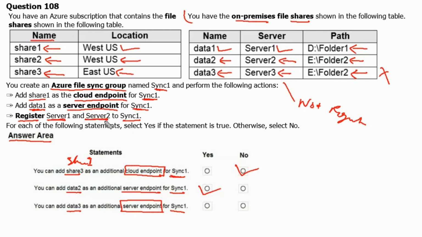Server1 and server2 are registered to sync1, but server3 is not registered with sync1. Therefore, we cannot add data3 as additional server endpoint for sync1. So the answer would be no for this.